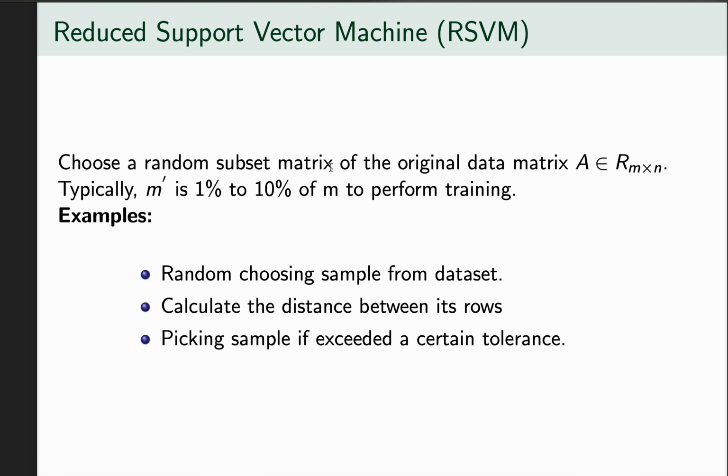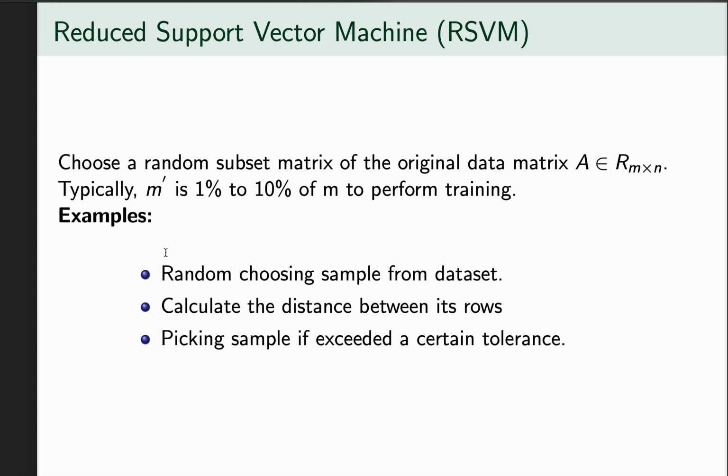We choose a random subset matrix of data from the original data matrix. For example, we have the data matrix R, with dimensions m by n. This is a large dataset, so we just use 1% to 10% of this data matrix to perform training.